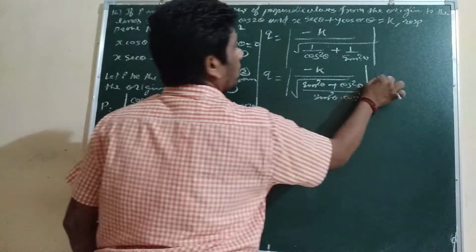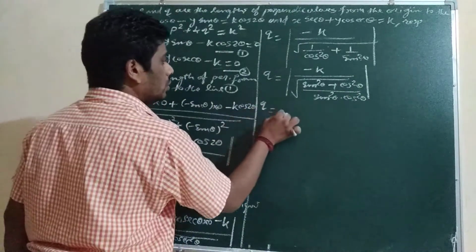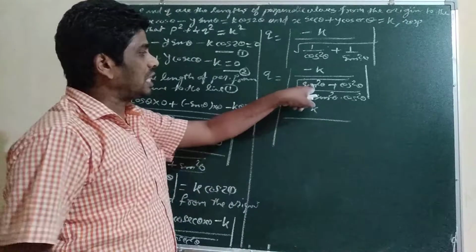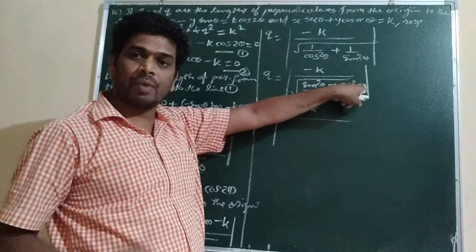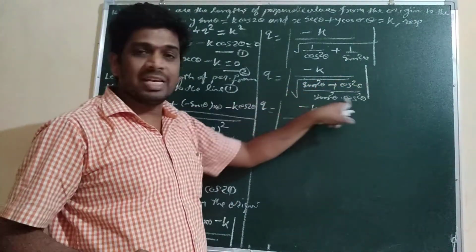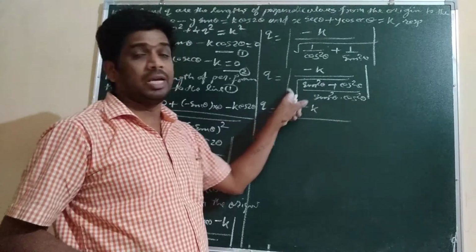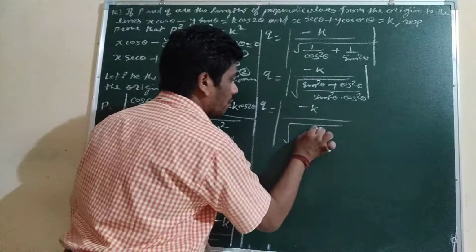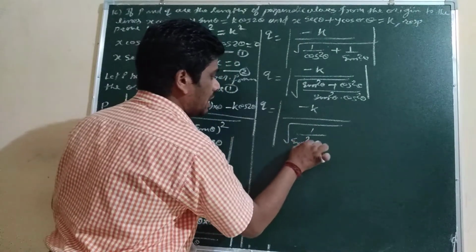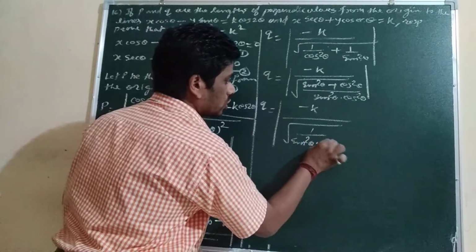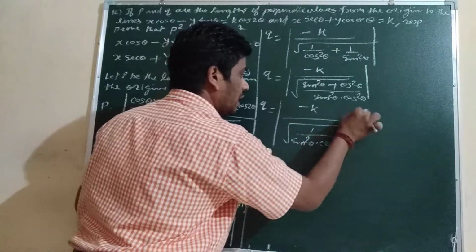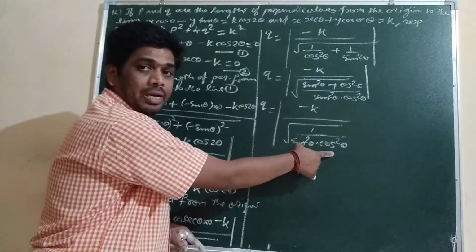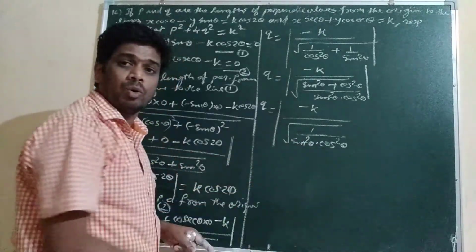Sin square theta plus cos square theta will be 1, and the square root of sin square theta into cos square theta is sin theta into cos theta.